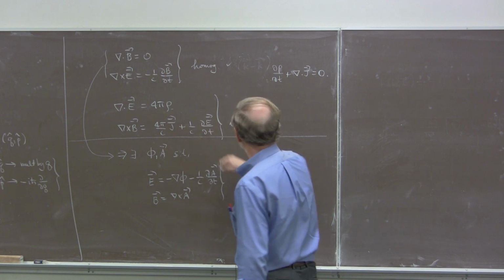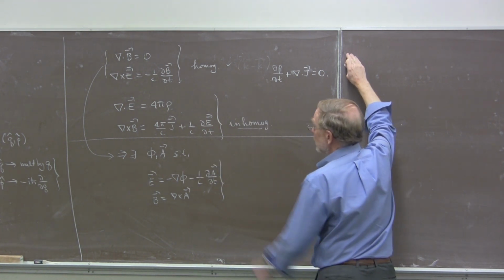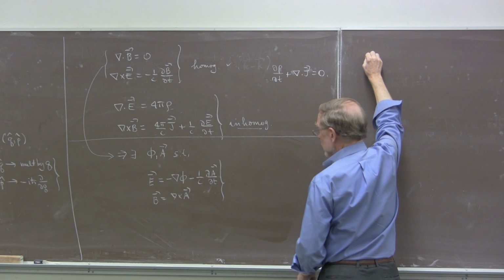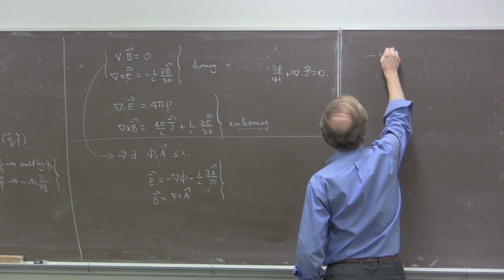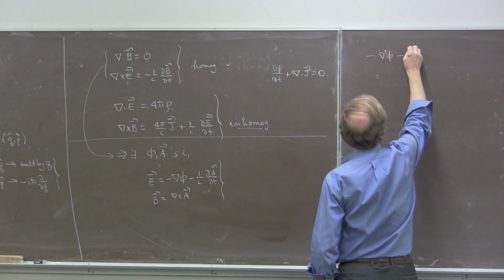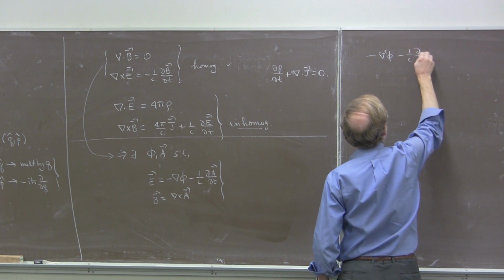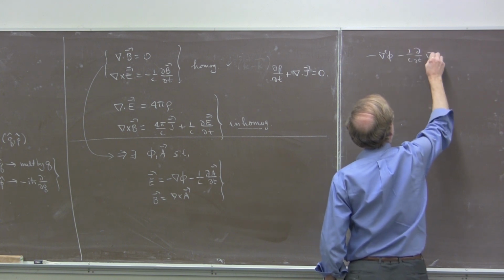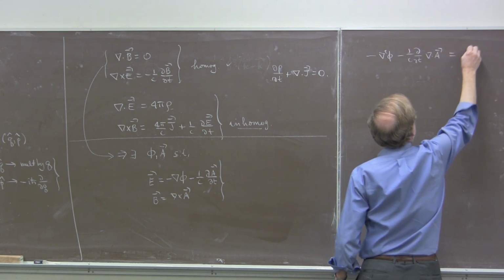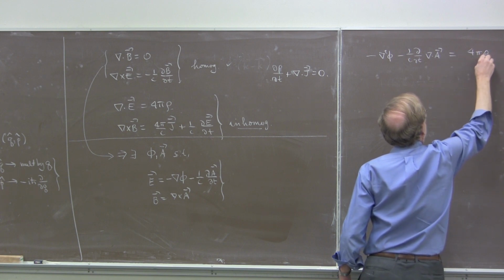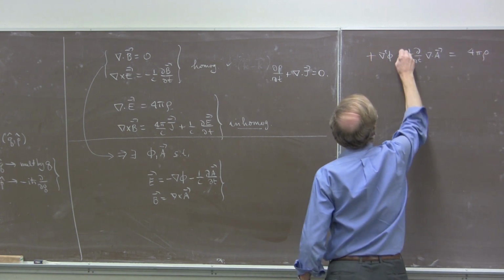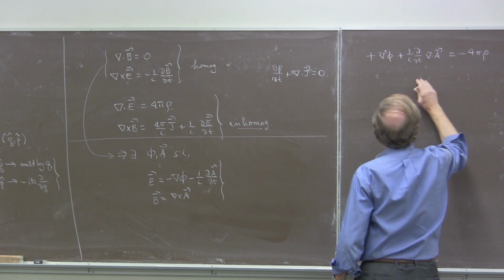If I plug these things in and just work it out over here, Gauss's law becomes minus del squared phi minus 1 over c partial with respect to t of del dot A is equal to 4 pi rho. Allow me to change signs on that to put it into a kind of standard form that I want.